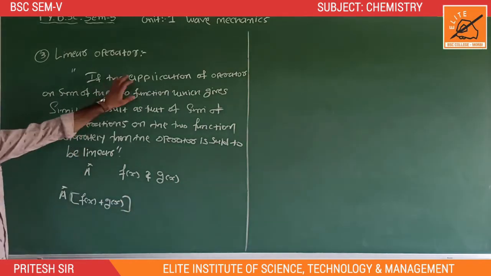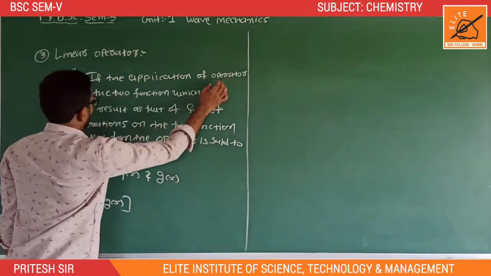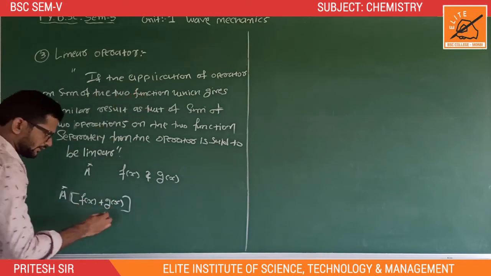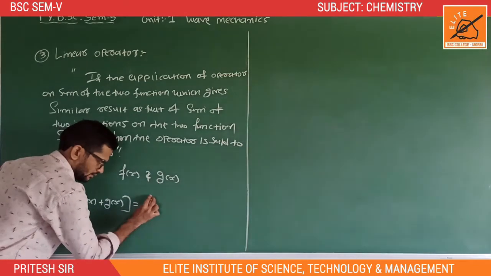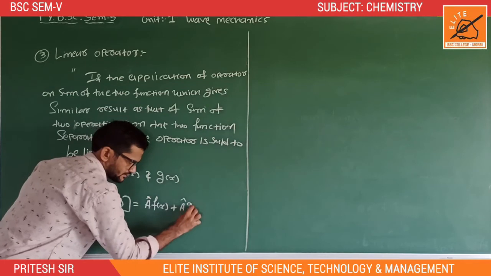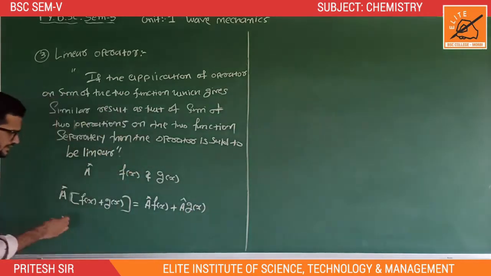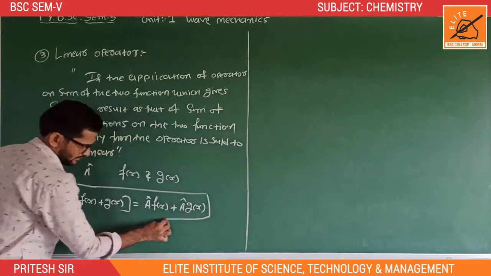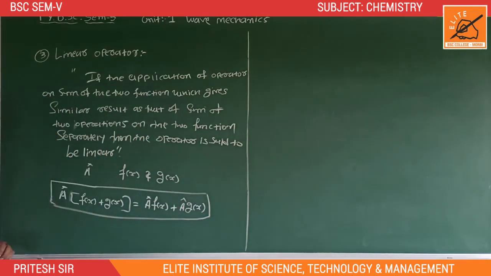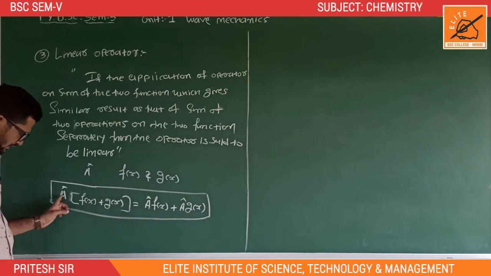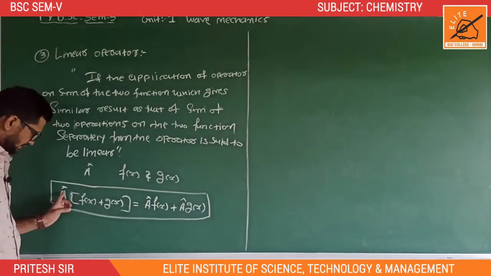If the operator A cap is operated on the sum of the two different functions, f(x) plus g(x), it is equal to A cap f(x) plus A cap g(x). So this is the basic mathematical expression of a linear operator: A cap into bracket f(x) plus g(x) is equal to A cap f(x) plus A cap g(x).